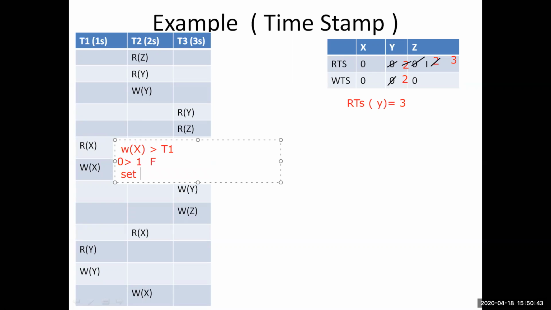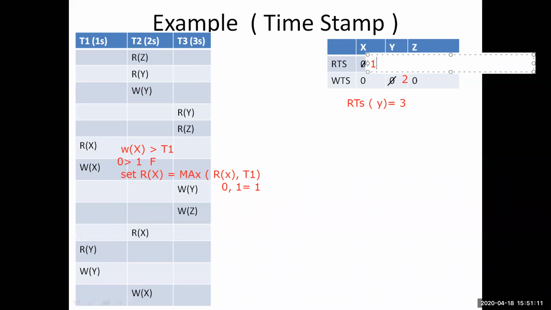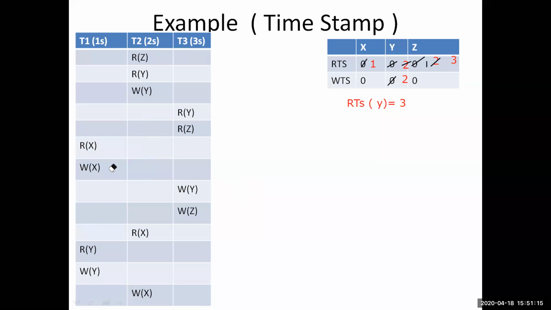So set read of X equal to the maximum of read of X, comma, T1 timestamp. Right now it is 0 comma 1, so this gets set to 1. The read value of X, which was 0, is now updated to 1. Next is this write of X.